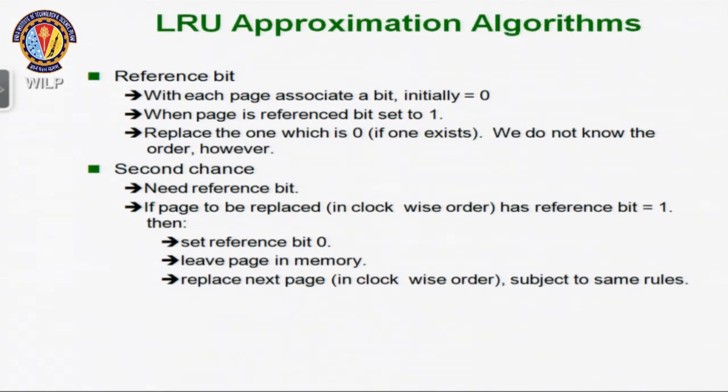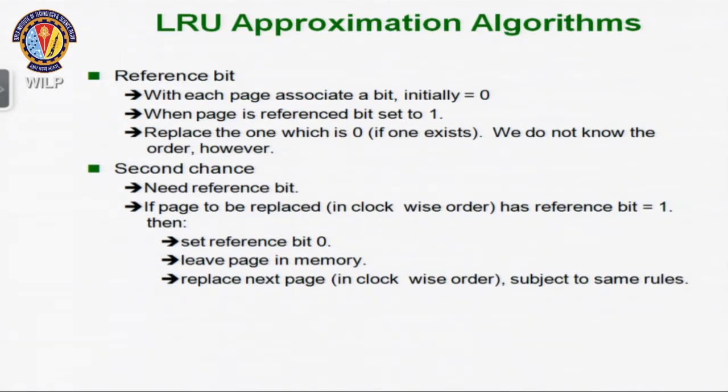We don't replace it immediately because there is every likelihood that it will be referenced in the next reference. So we give that particular frame a second chance. This gave rise to what we call the second chance algorithm.